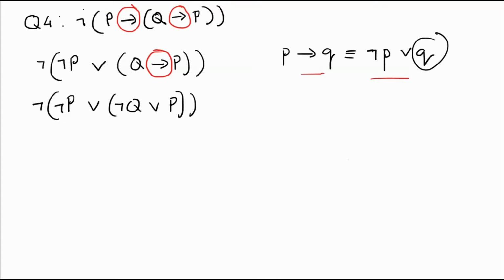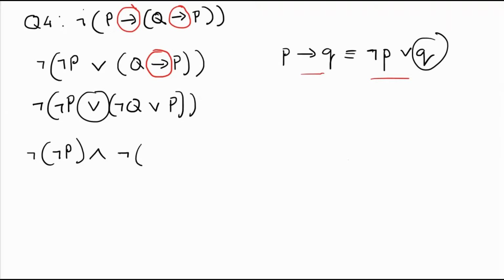This simplified proposition can be further simplified with the help of the negation operator. If we apply the negation operator on everything inside the parentheses, then we get not of not P, and here or becomes and. This part of the compound proposition remains the same, but we have to negate it.